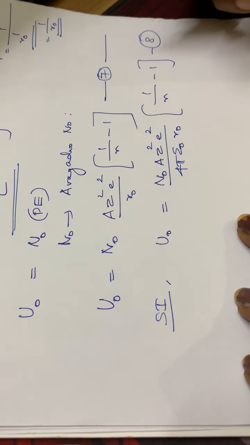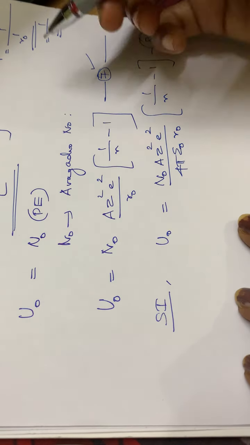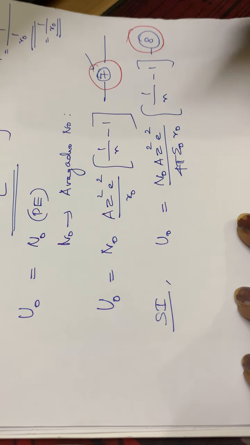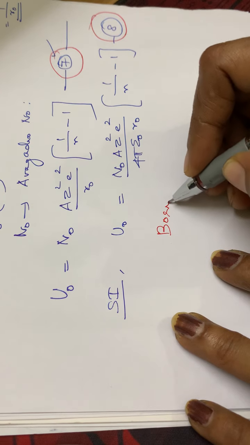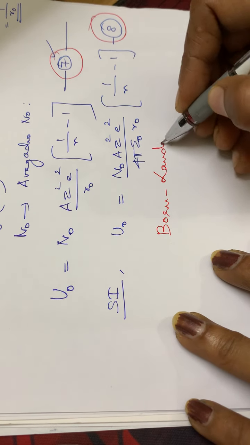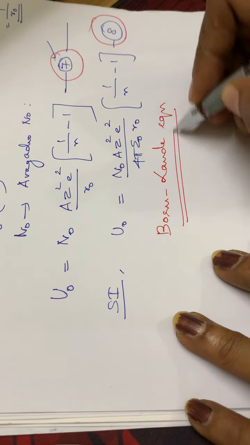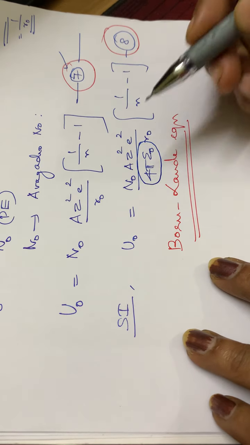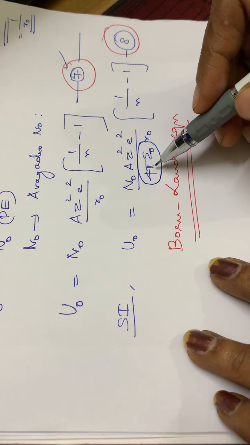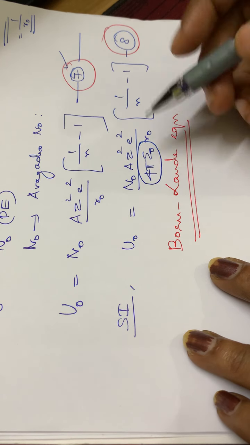So these two equations, that is equation 7 as well as equation 8, are called the Born-Landé equation. Okay. So here in SI units, we are multiplying in the denominator this particular term, that is 4 pi epsilon 0.